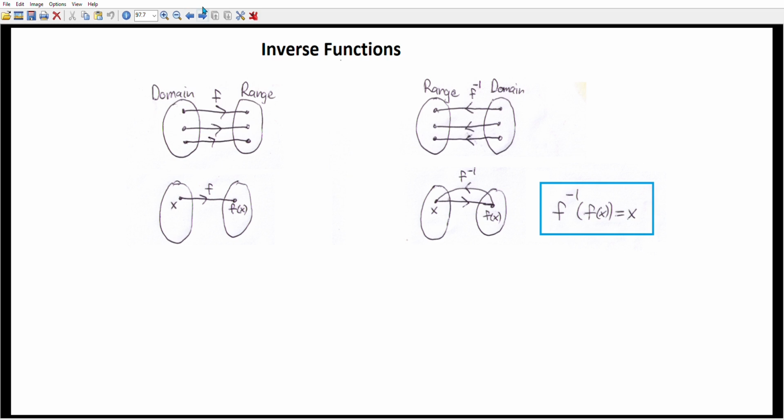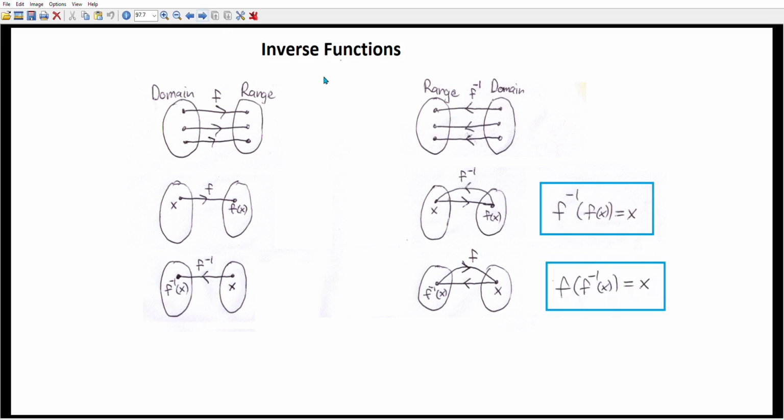Now if we start in the other set, x, f inverse takes it to f inverse of x, f takes us back to where we started. Okay, and this gives us the relationship f of f inverse of x equals x. And these are the two fundamental relationships that define f and f inverse.